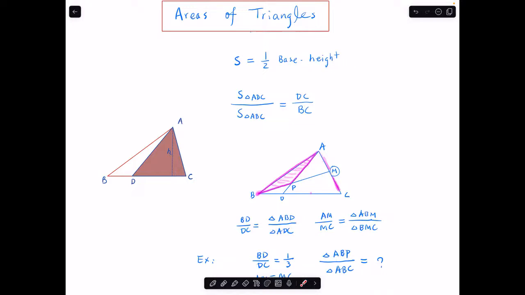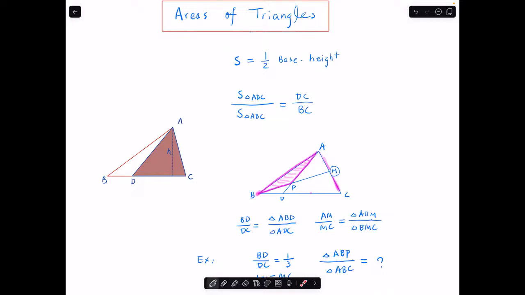Now, for the triangle here in the diagram, I have the big triangle ABC, and I have the shaded triangle ADC. Notice that they share the same height, right?